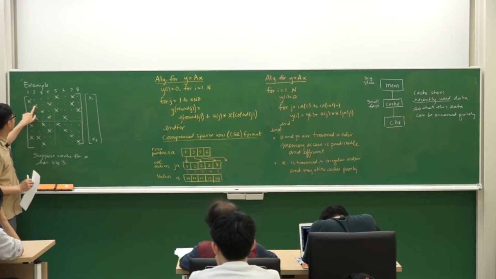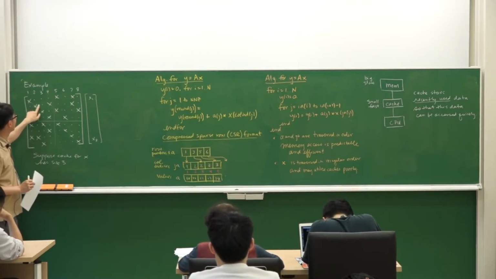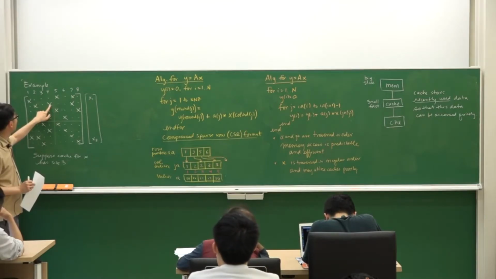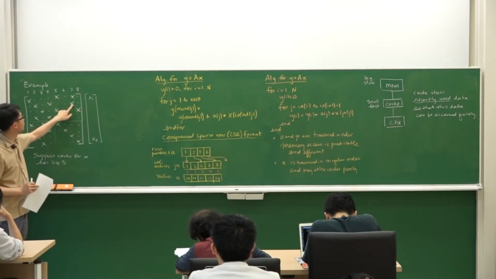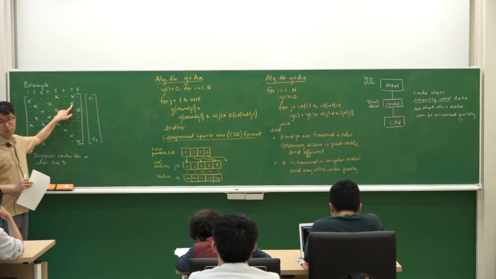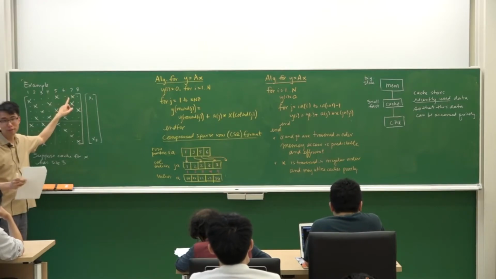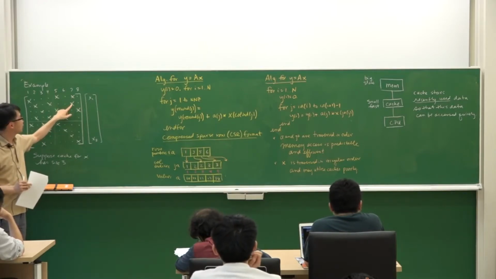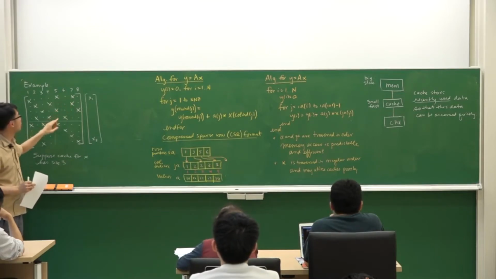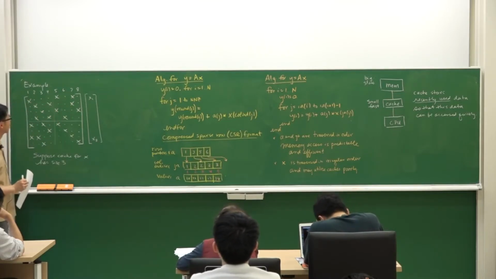Then we need to store x2, so we need to throw away x1. And we need to store x4. We need to throw away this one. Then we need to store this one. But luckily, we have that one in memory. So we could take advantage of cache there, but we did not take advantage of cache anywhere else.